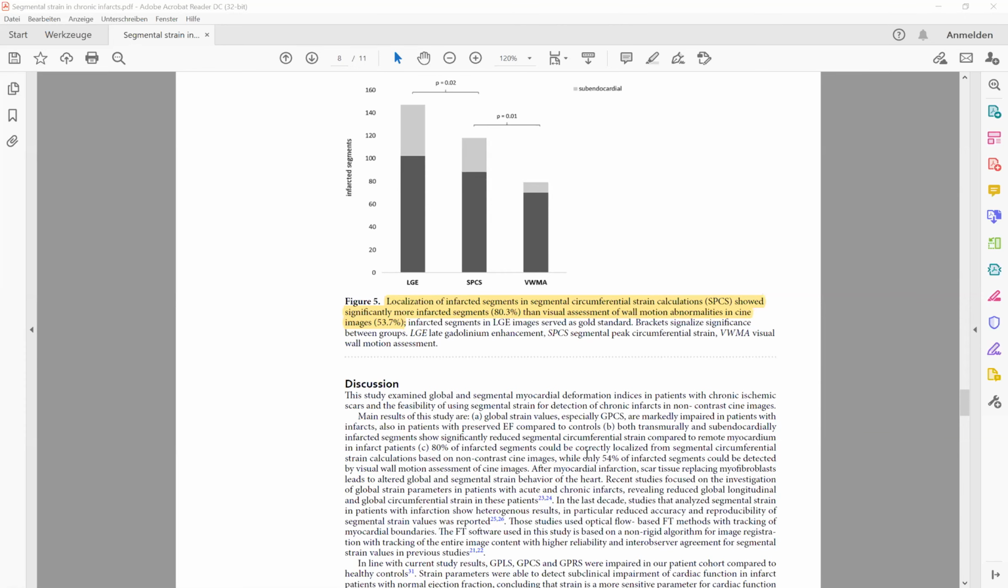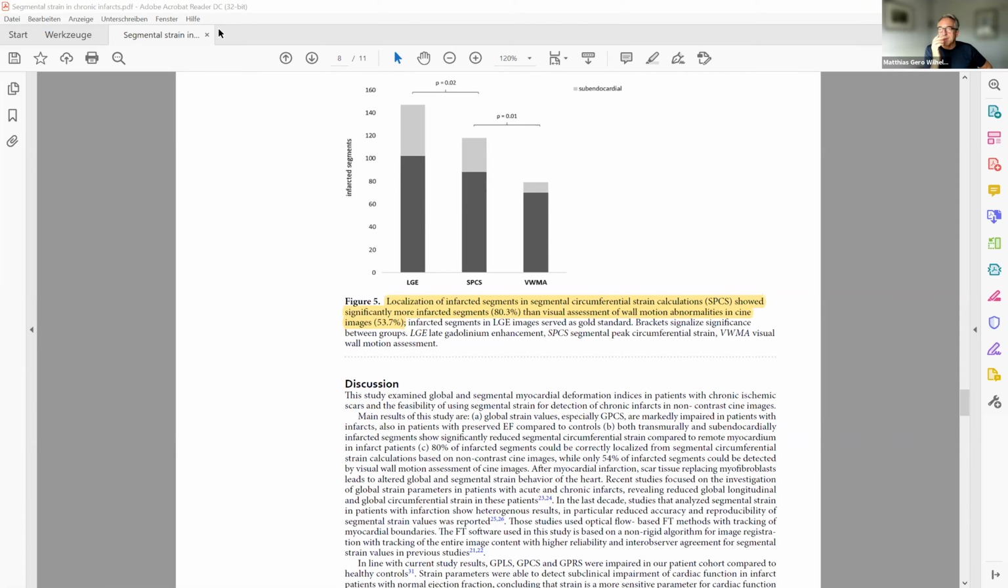They are not very reliable on a segmental basis, to be honest, in my clinical experience. Because every image is registered through the cardiac cycle, segmental differences are maybe easier to detect. Okay, thank you very much.